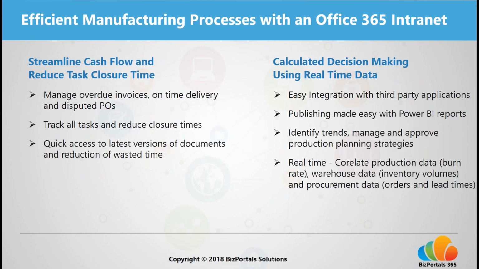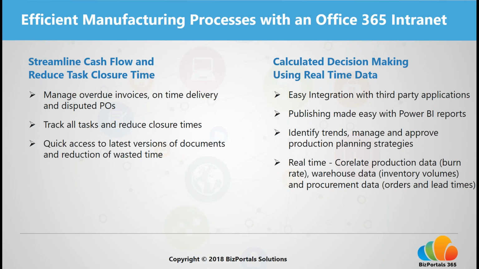For a manufacturing process to be really successful, you need to streamline cash flows. There's a lot of liquid cash floating around, be it in procuring materials and then producing them. So you need to manage that effectively and reduce the task closure time, be it production times or when you're shipping a product.